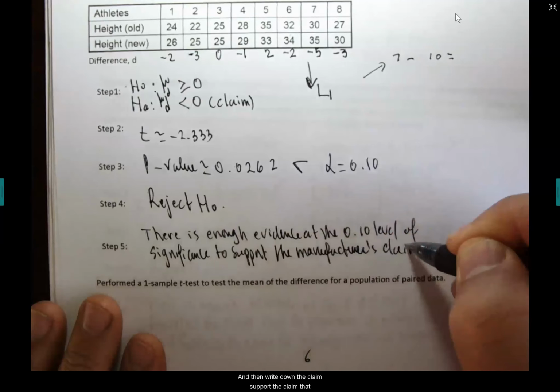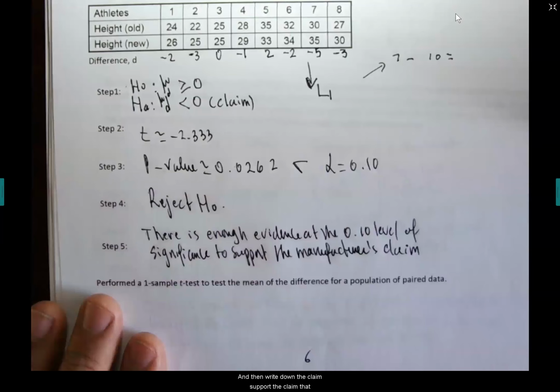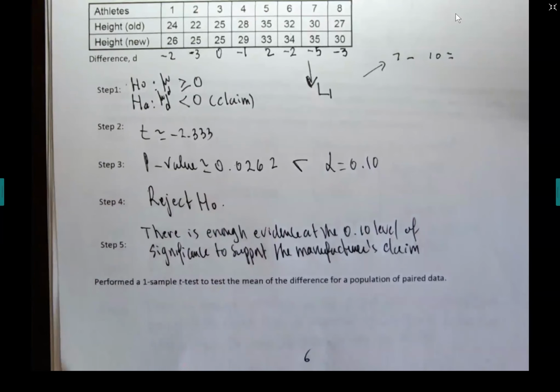And then write it down, guys: to support that athletes can increase their vertical jump heights using the manufacturer's training shoes.